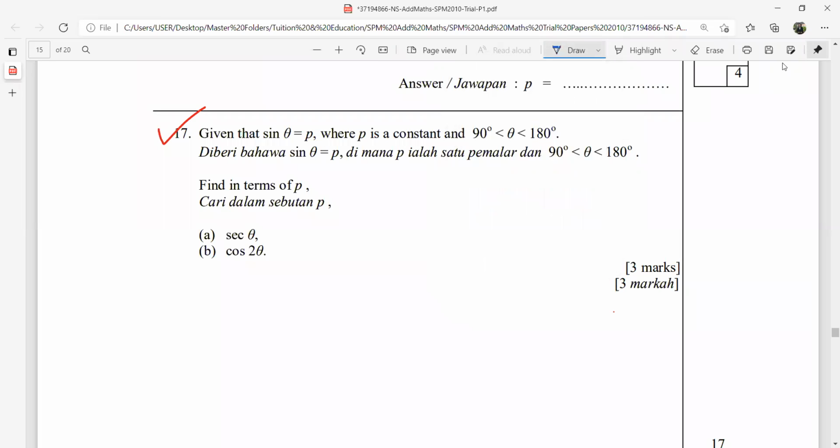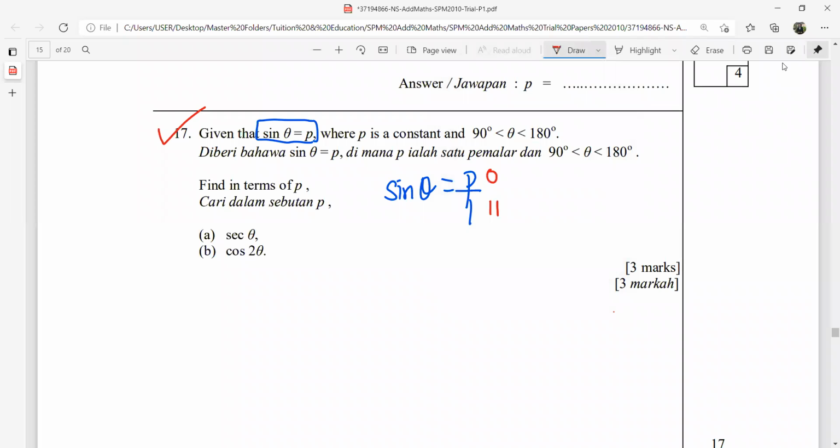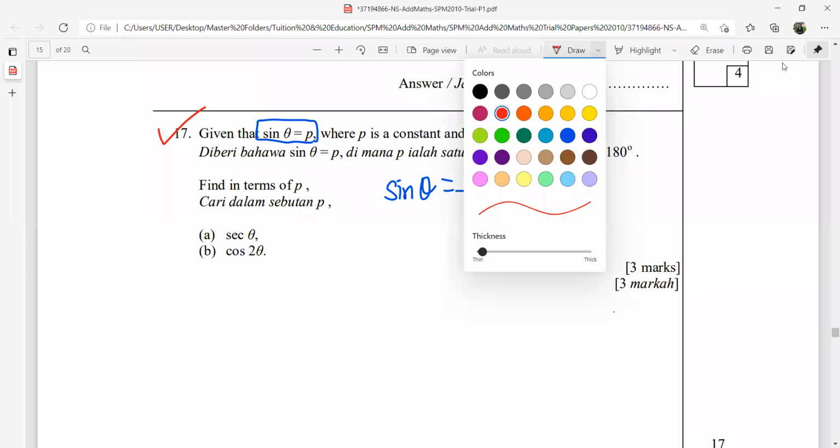So you see this question, sine theta. Actually, I am trying to tell you that this one still needs your Form 3 chapter only, not really Form 5 yet. Because sine theta equals P over 1, I use opposite over hypotenuse, right?